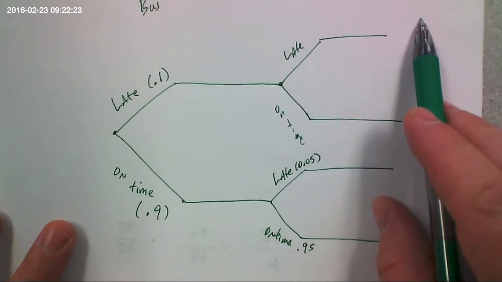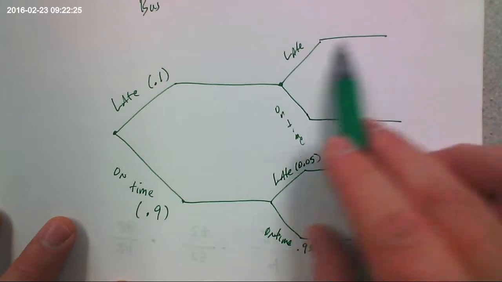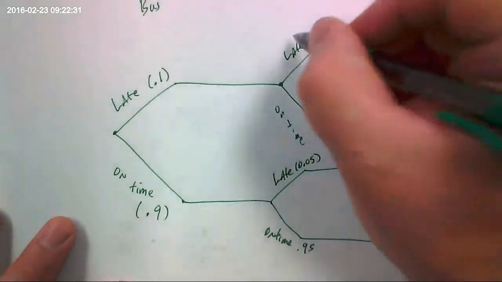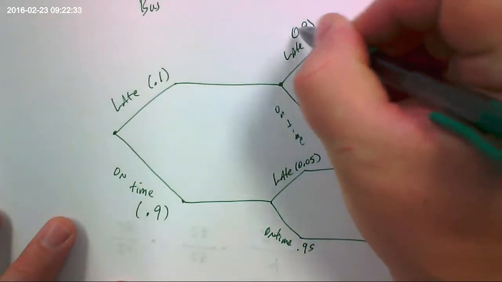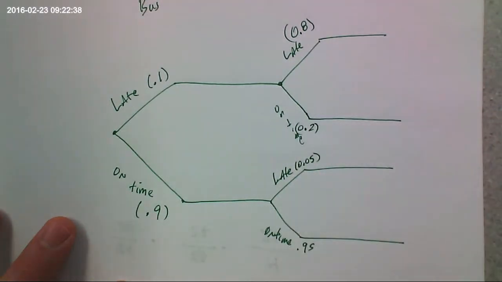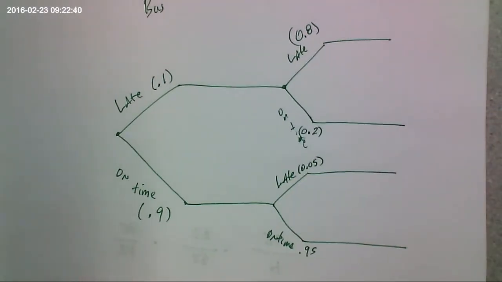At the end? Or right here? Right there. Why? Because of the same reason. And so this would be 0.2. Is that true? Okay. You're confident? You're good?